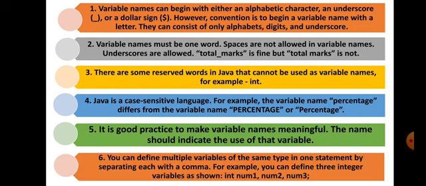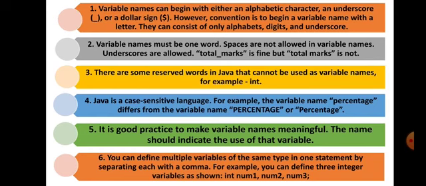And the last point is, you can define multiple variables of the same type in one statement by separating each with a comma. For example, you can define 3 integer variables as shown. Int is the data type. Number 1 is the variable, comma, the second variable is number 2, comma, the third variable is number 3. What do you understand from this?